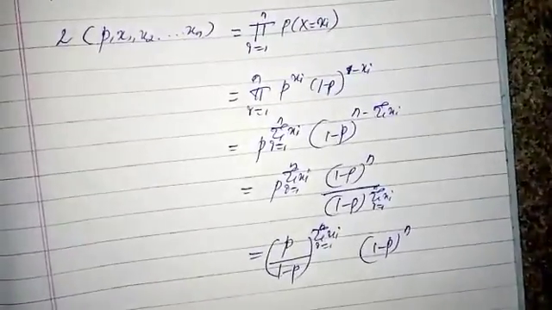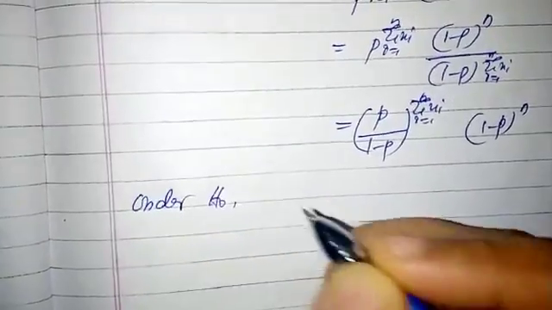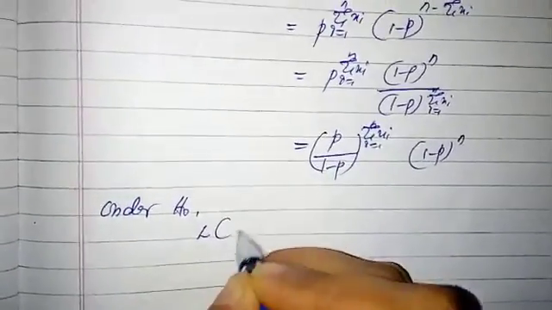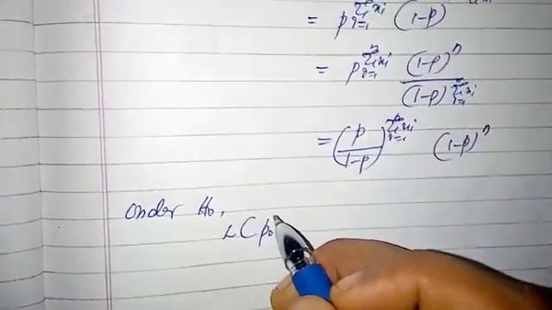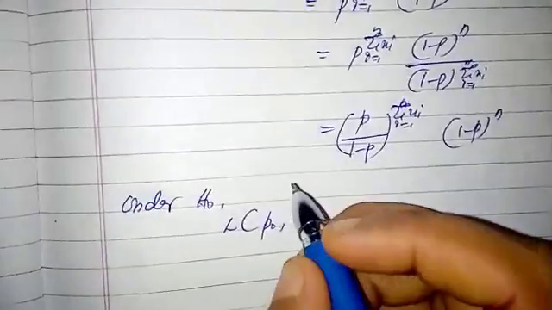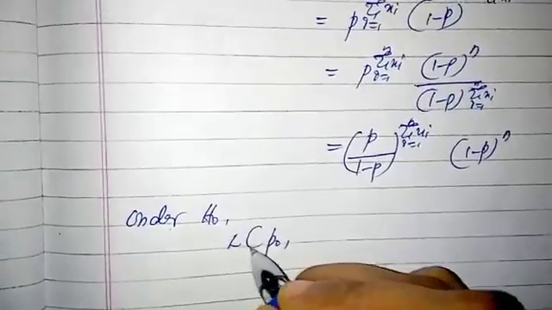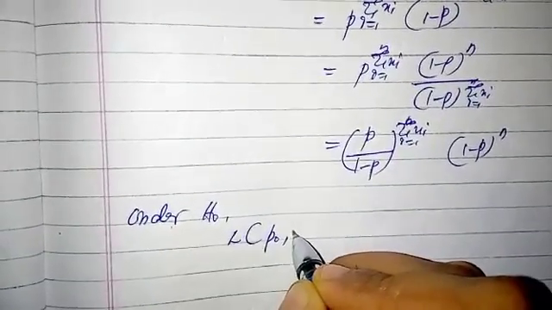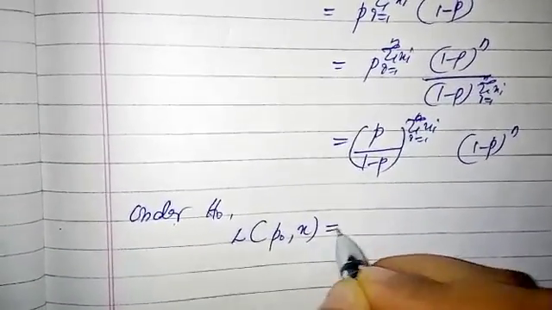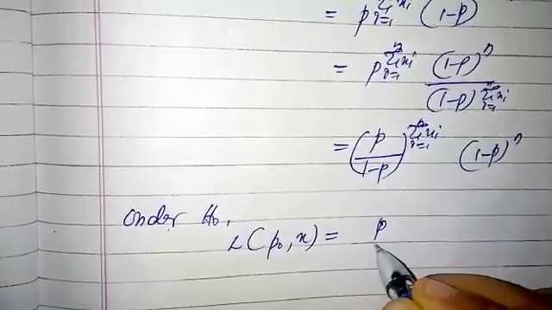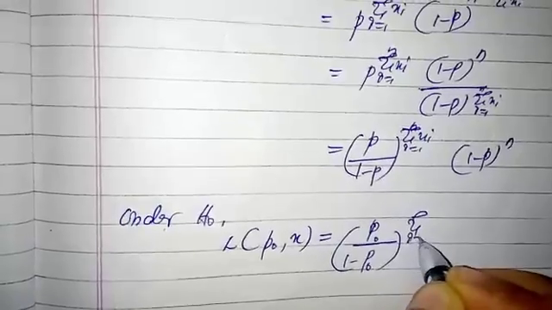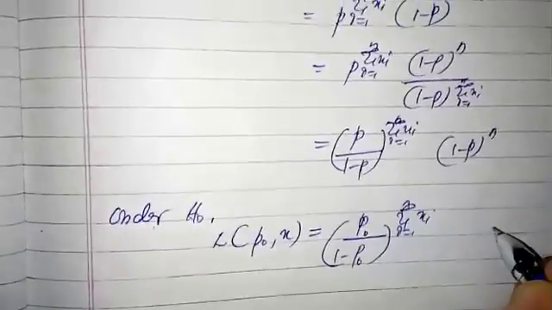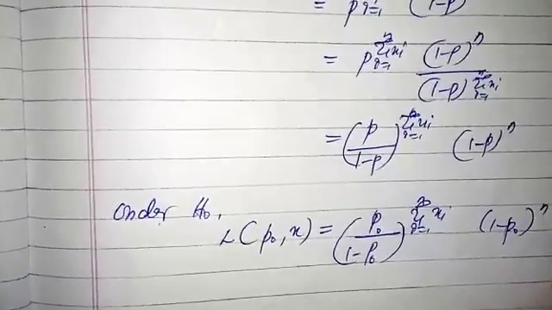Under H naught, the likelihood of p naught, where H naught is p equal to p naught, is p naught divided by 1 minus p naught, power summation i from 1 to n of xi, times 1 minus p naught power n.